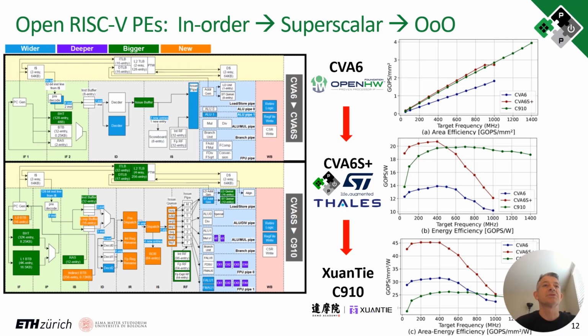We need simple processing elements in some cases where the focus is only on doing a specific computation, but we also need complex high-performance processing elements, like powerful processors.